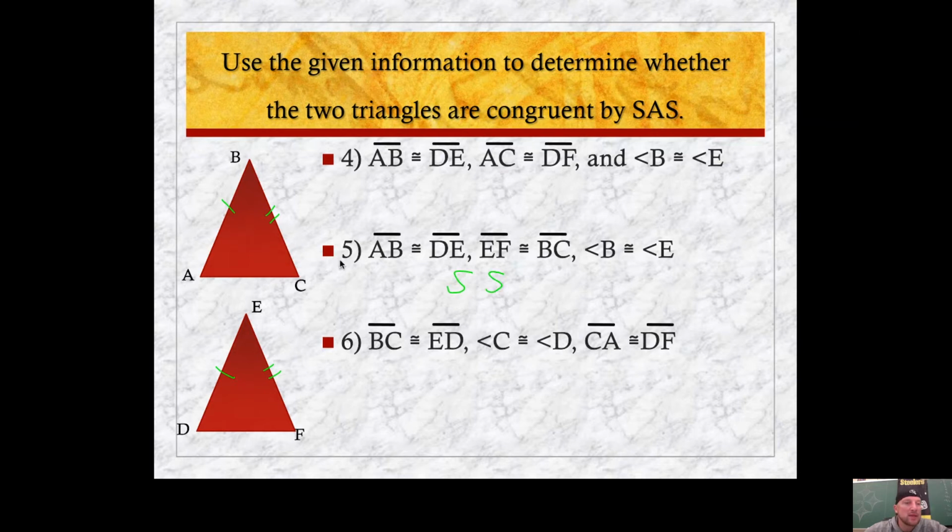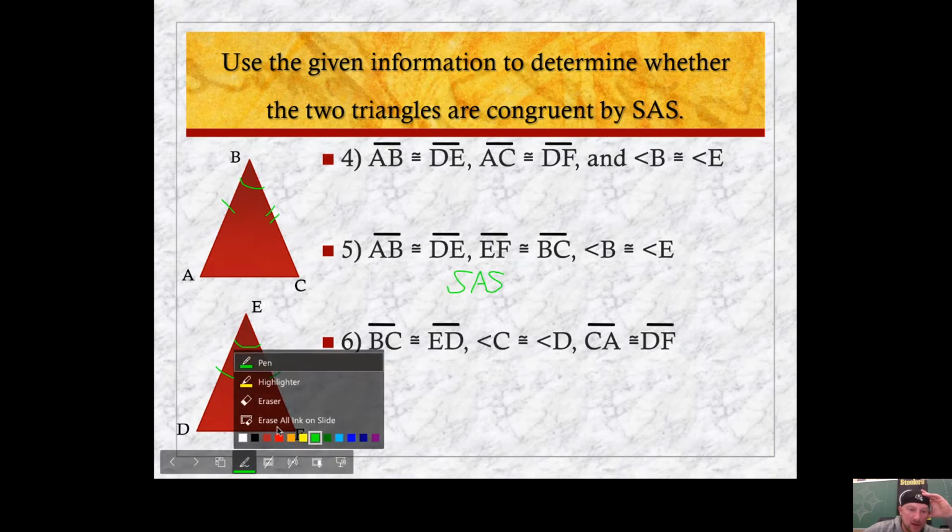Then they tell you angle B is congruent to angle E. Now, if you know these three pairs of congruent parts, are the triangles congruent? You do have congruent included angles. This is side angle side. Did you see the difference between this and the AS postulate that we had in number 4? We need the congruent angles to be in between the S's.